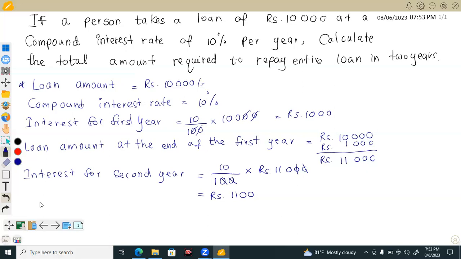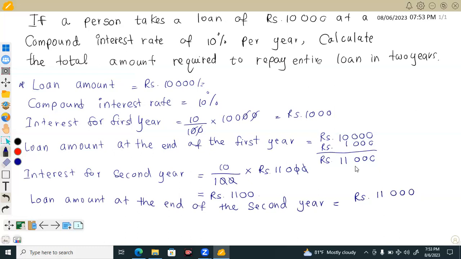Then the loan amount at the end of the second year is equal to 11,000, because at the end of the first year it was 11,000.